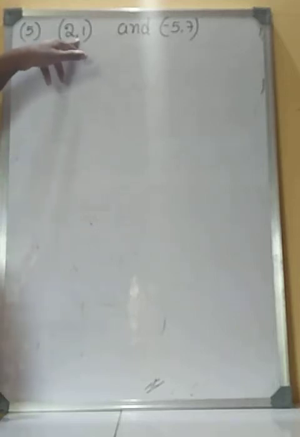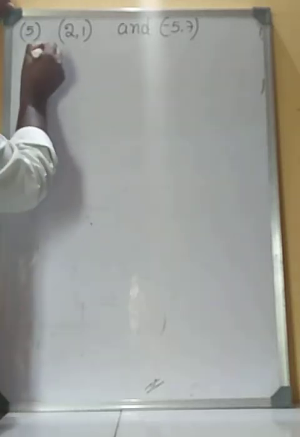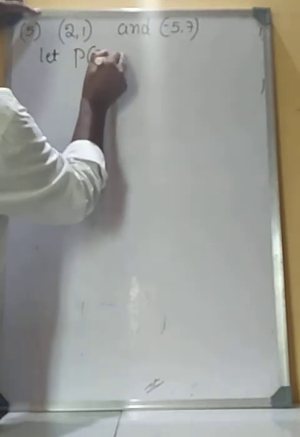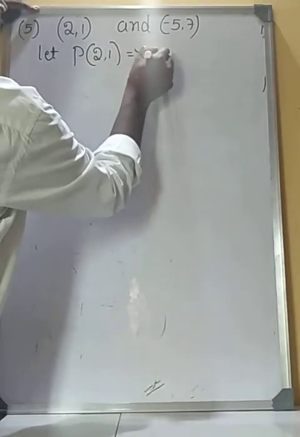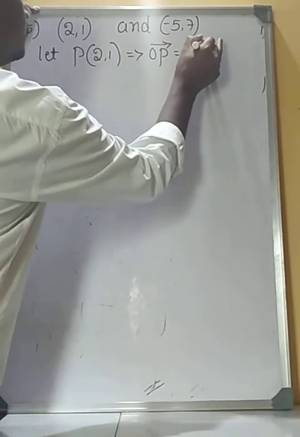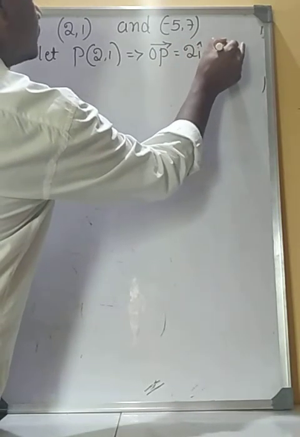Let point P (2, 1) imply OP vector is equal to 2i plus j.